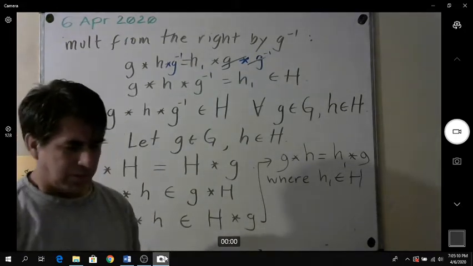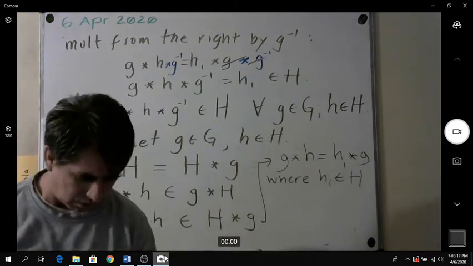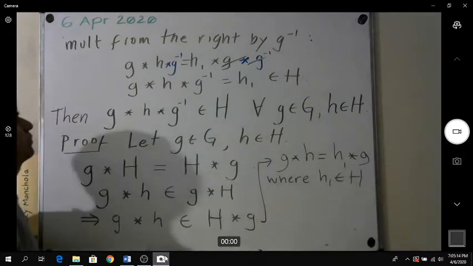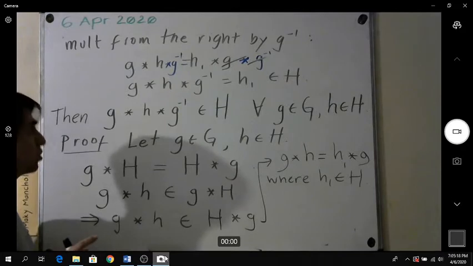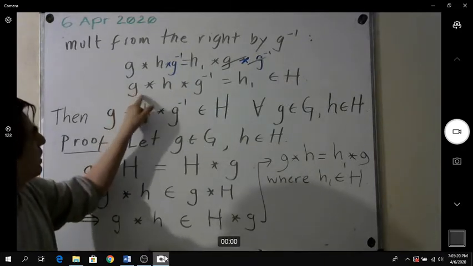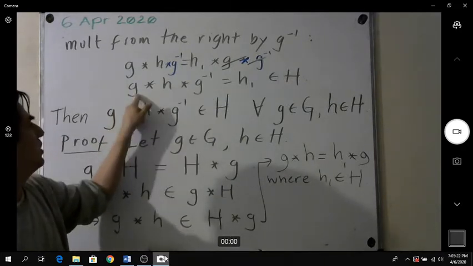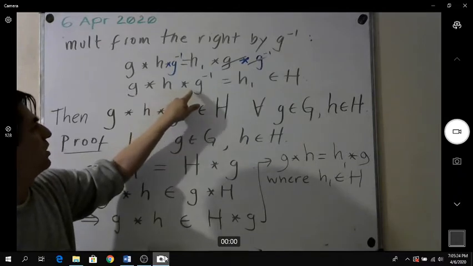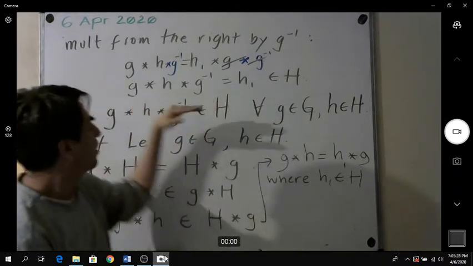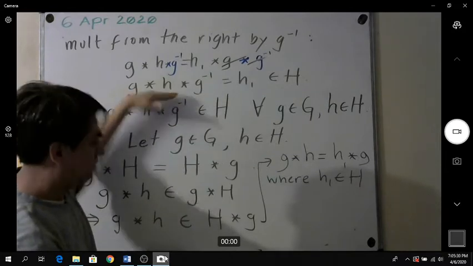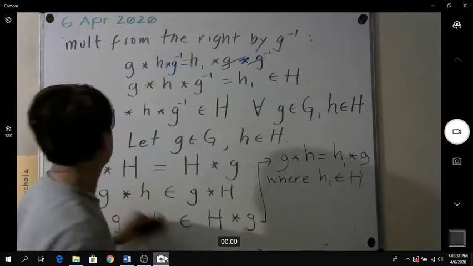Now, the converse holds as well. The converse being, if you have a subgroup H where this condition is satisfied, G star H star the inverse of G for all G and H, then the subgroup will have to be normal.